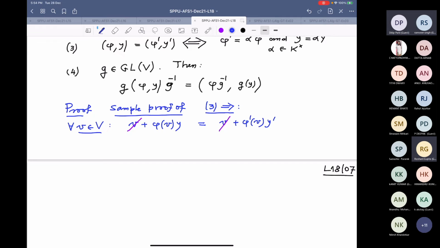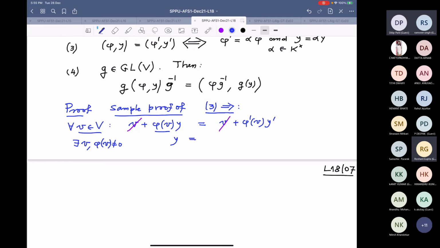So you choose V with phi of V non-zero, and for that V, I am going to shift this to the other side.